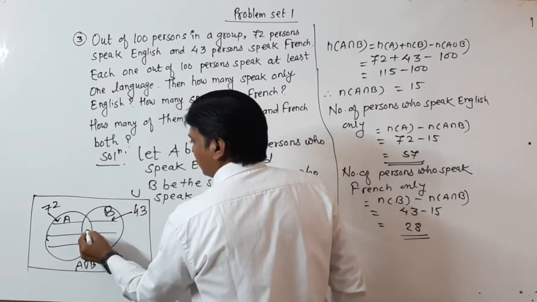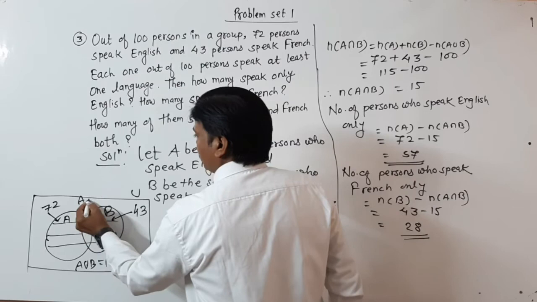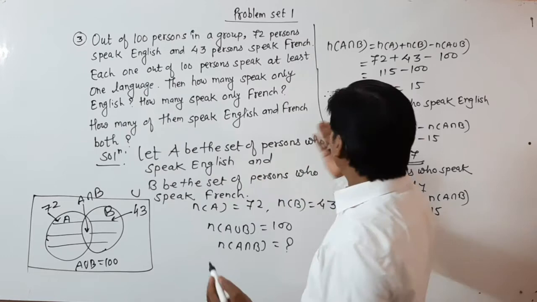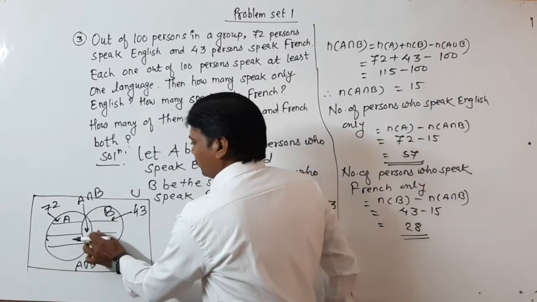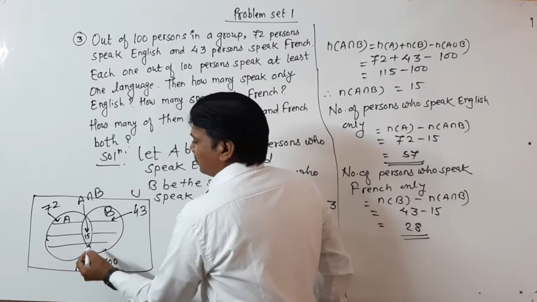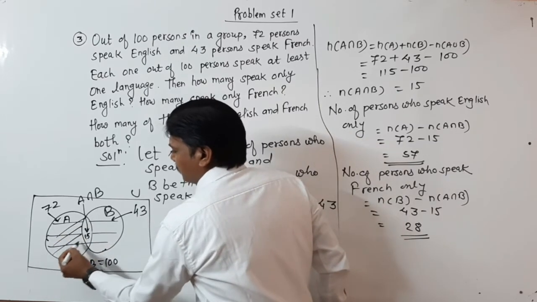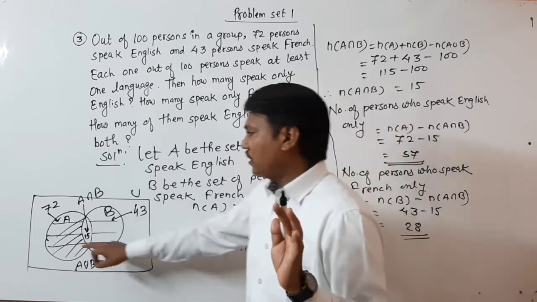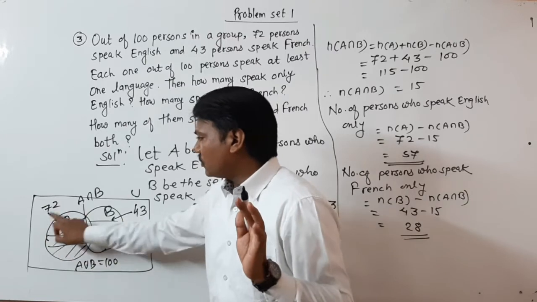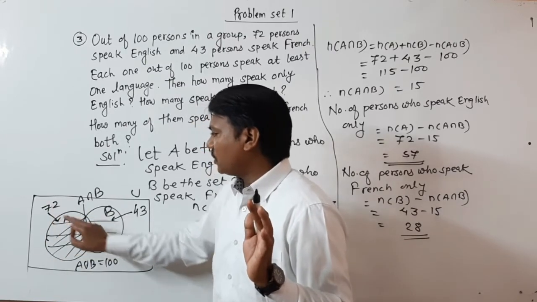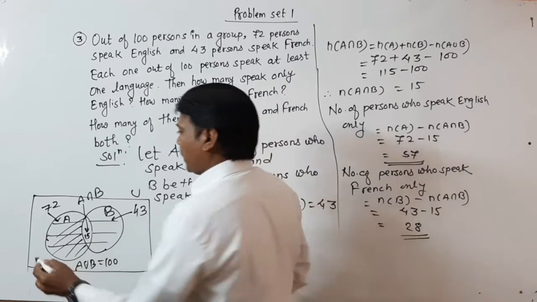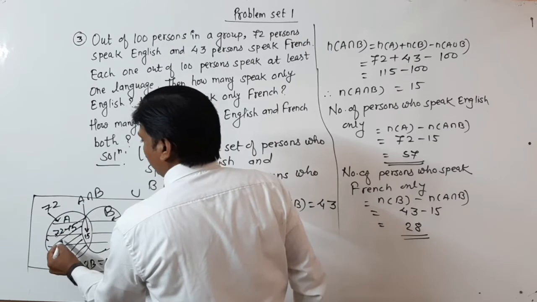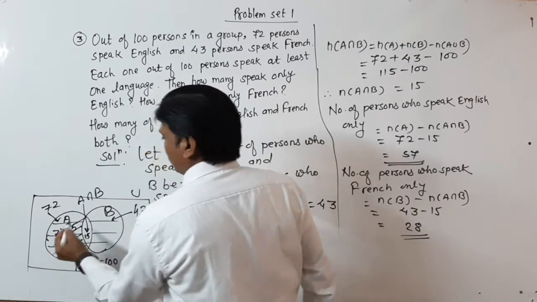This part is A intersection B, which by the formula is 15. So this part is 15. This part is the number of persons who speak only English: the total is 72 and both is 15, so 72 minus 15 is 57.